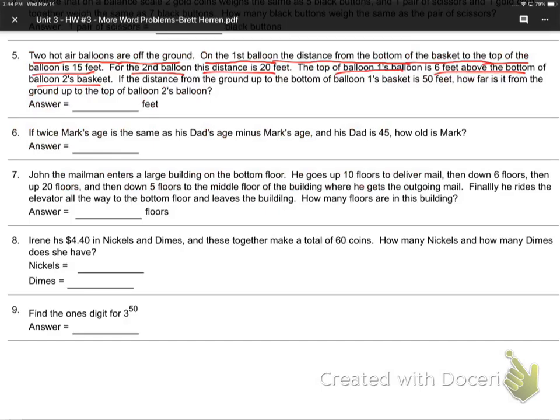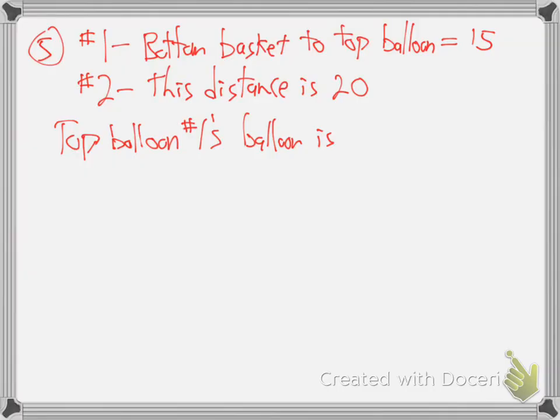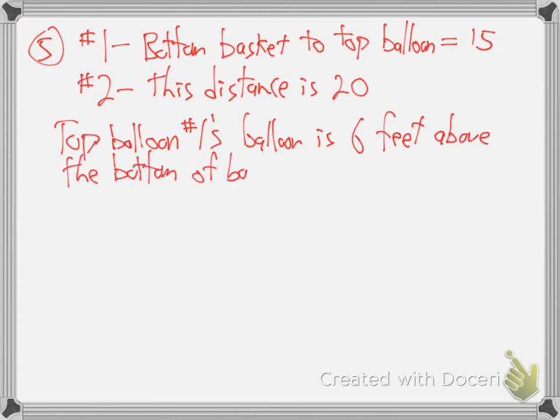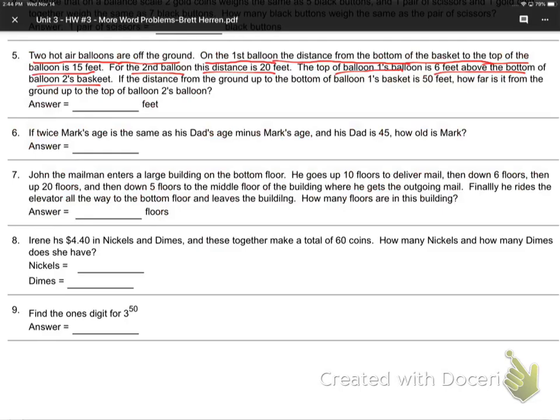Top of balloon number 1's balloon is 6 feet above the bottom of balloon 2's basket. Did I get that fact right?